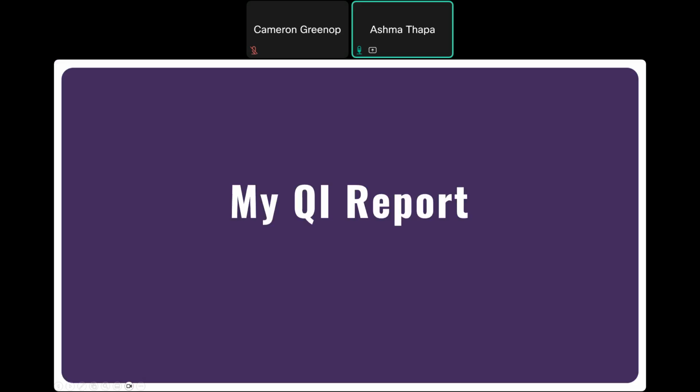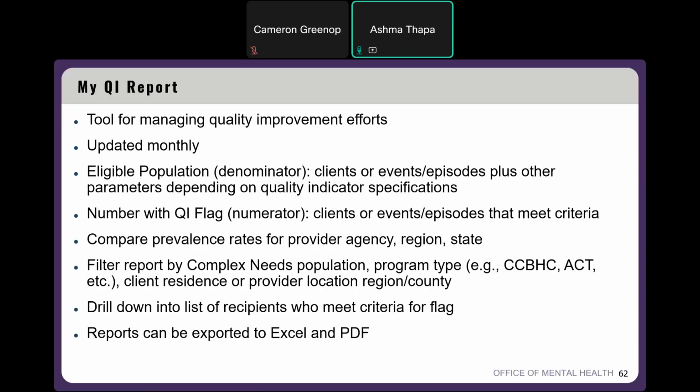So now let's switch gears into MyQI reports. The MyQI report is a tool for managing quality improvement efforts. So when you log into PSYCKES, you will find two separate tabs for quality improvement measures and performance tracking measures. And again, the QI report is updated monthly, and within the report, we have the eligible population, which will be the denominator, and that is the clients that are served plus other parameters depending on quality indicator specifications.